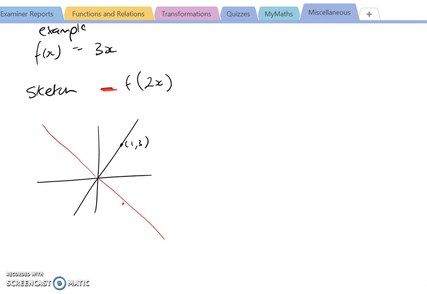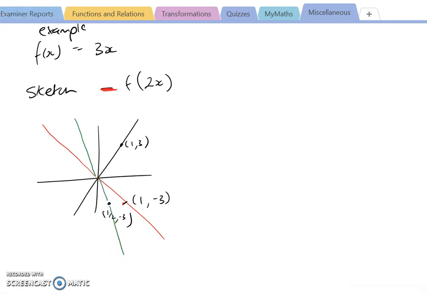And then what's the 2 going to do? It's multiplying every x value. We should know it's a dilation by a factor of a half from the y-axis. So that point there, 1, minus 3, now goes to a half, minus 3. So now it looks like this.